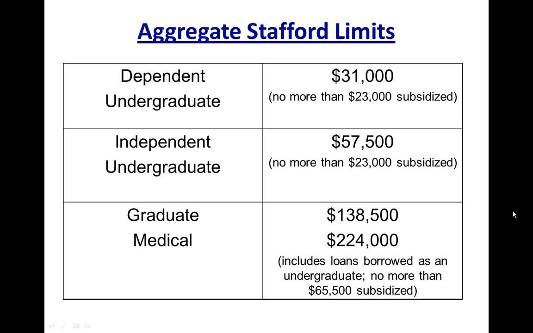Again, no more than $23,000 of this can be in subsidized loans. And if the student then goes on to graduate school or medical school, these aggregates are increased. But these aggregates do include the loans borrowed as an undergraduate. So no more than $65,500 may be in a subsidized loan.